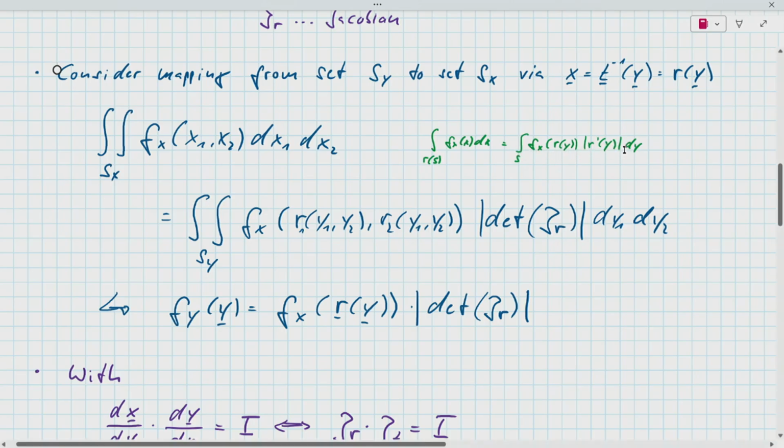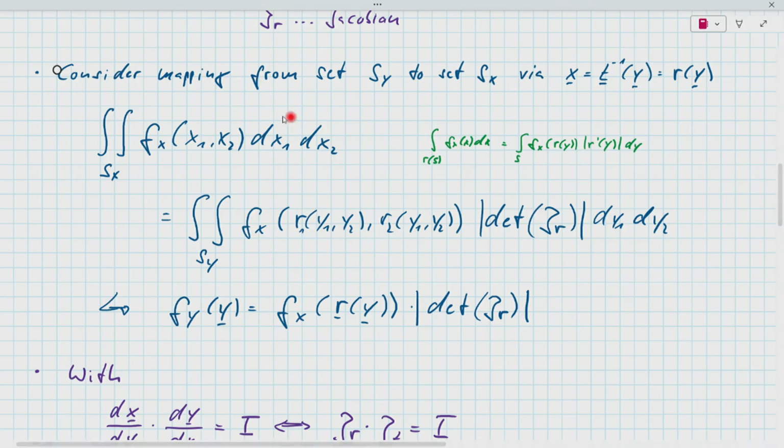We substitute x equals r of y, and then we take the derivative: dx is r prime of y dy. Then we plug it in, and we distinguish between the positive and the negative case, so positive slope or negative slope, for a monotonous mapping. So that was the scalar case. For the scalar case, the derivation is about 5 minutes, and we did this last time.